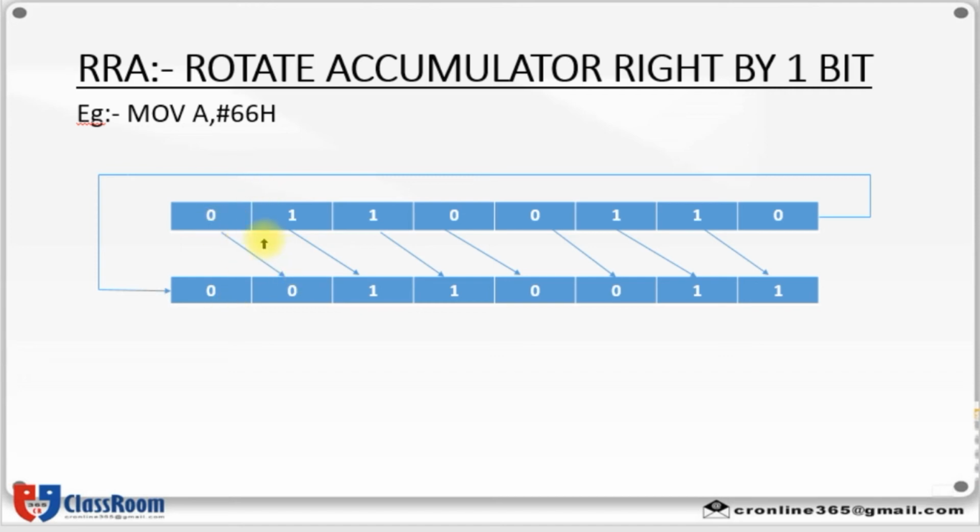Then D7th bit will become D6th bit. D6th bit will become D5th bit and so on. So after reading the result, you can see 0011, 0011. This 66 becomes 33H. Accumulator will be having the result as 33H after rotation.